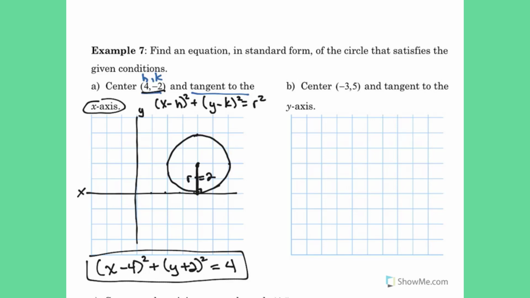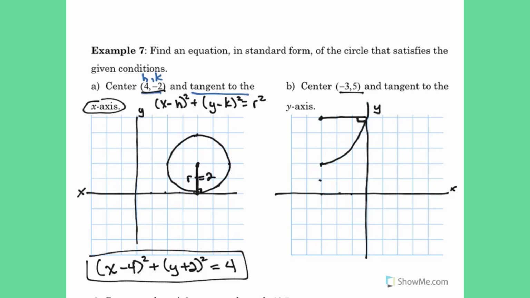Okay, so I have a center of negative 3, 5, and tangent this time to the y-axis. So let's see, this is x, this is y, 1, 2, 3, 1, 2, 3, 4, 5. So there's my center. But I need to be tangent to the y-axis. So that means my radius is a perpendicular distance.